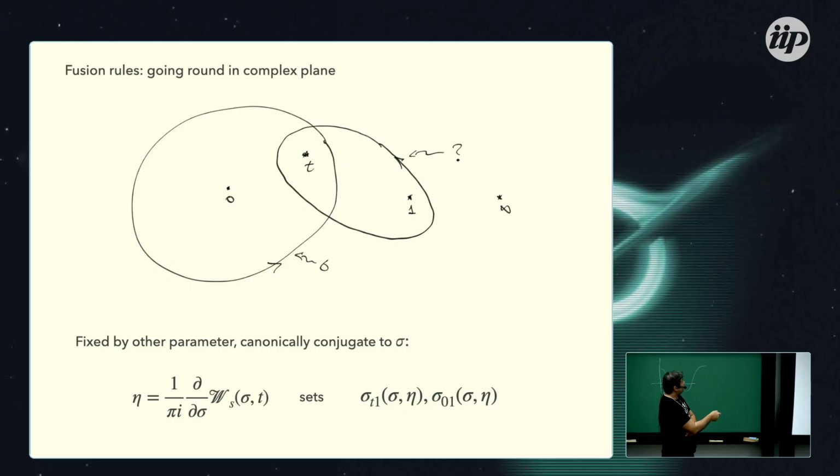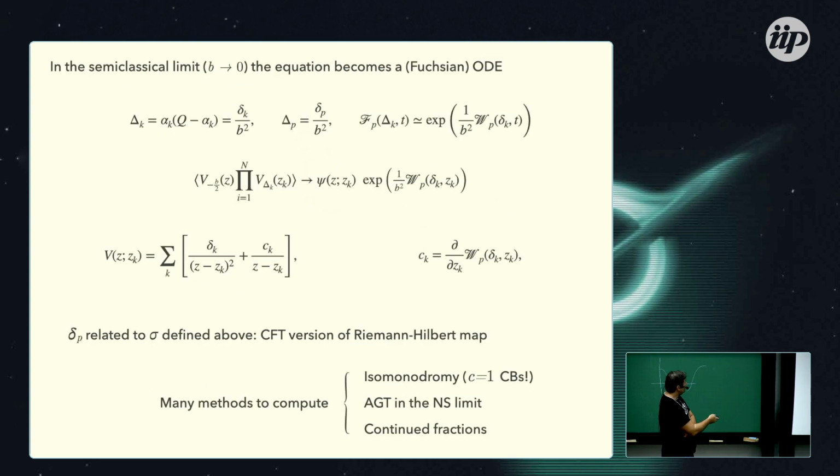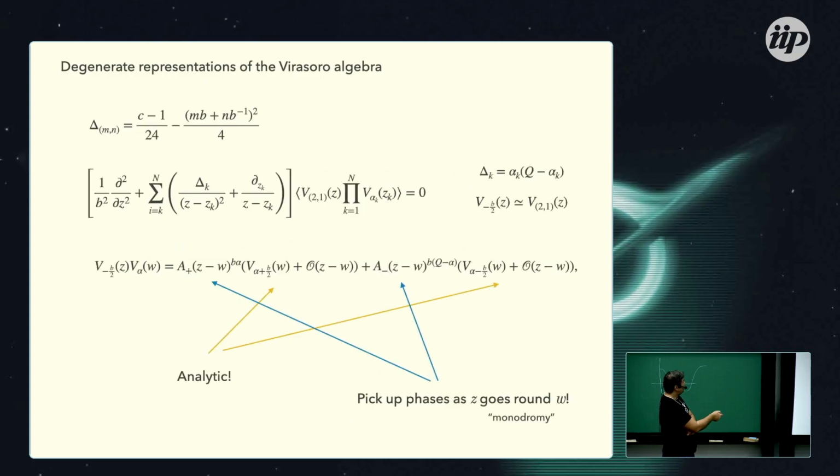This actually parameterizes what happens to the solution, to this wave function, as you go around the complex plane. So in this case, the wave function has the property that as z goes around each of these z_k's, you have this polynomial behavior.